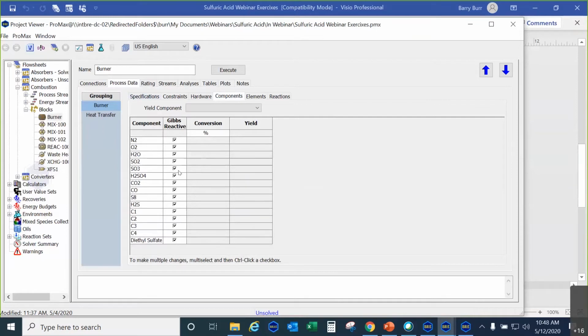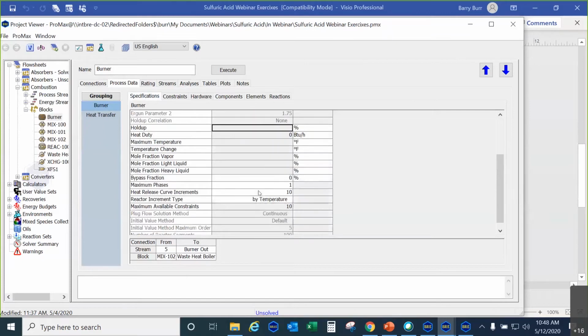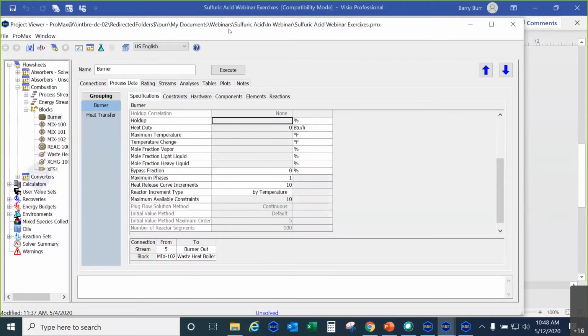So we're not going to uncheck any of these components to remove them from the reaction. And then all blocks need a pressure drop specification. So we're going to set the pressure drop to 0 psi. I don't think we set anything else here.